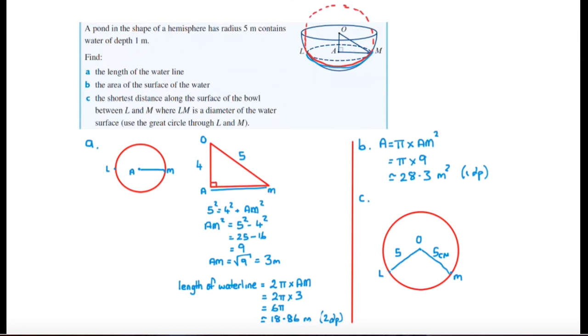The distances are actually in metres, so that's 5 metres. We also know another point A that is in between L and M, and we know that the distance from A to M, as calculated earlier, is 3 metres.